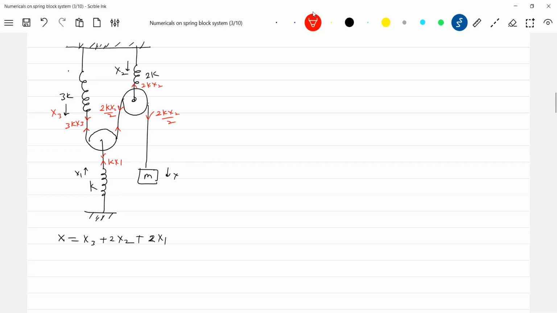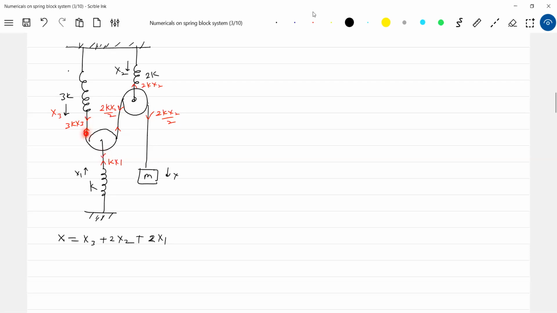Any constraint equation, can we write it? Or relation between spring forces. Tension on either side of the pulley should be the same, no? These two should be equal, and the sum of these two should be equal to this.